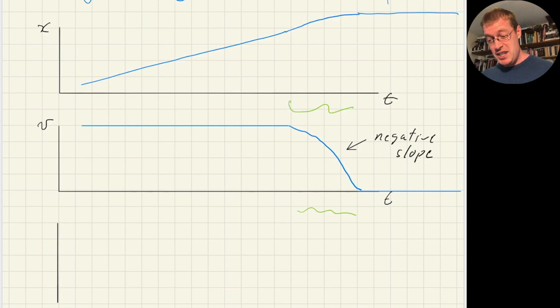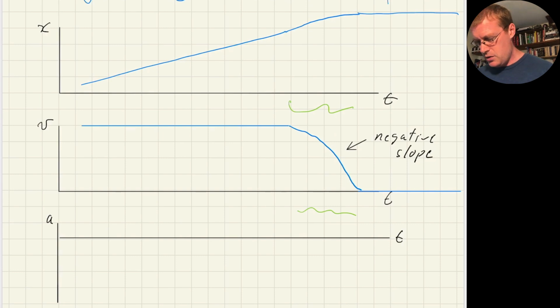So my acceleration will be negative. So I'm going to draw my axes up high. So now, during this time interval, the acceleration is 0. During this time interval, the acceleration is 0. And in between, the acceleration is negative.